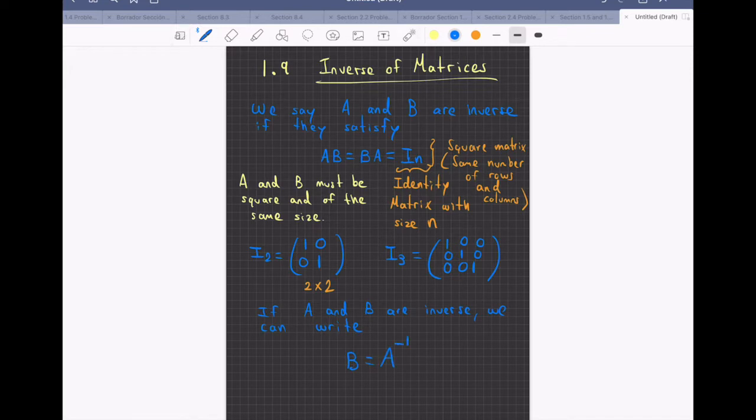I know that it seems like an A raised to negative 1, but no, we haven't defined something like that here for matrices, but this only means inverse of A. So again, this is the definition to verify that two matrices are inverse one to each other. We need to have the two matrices.